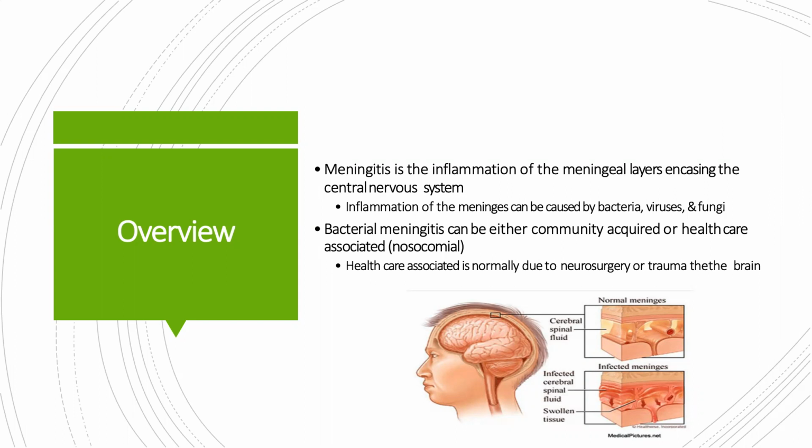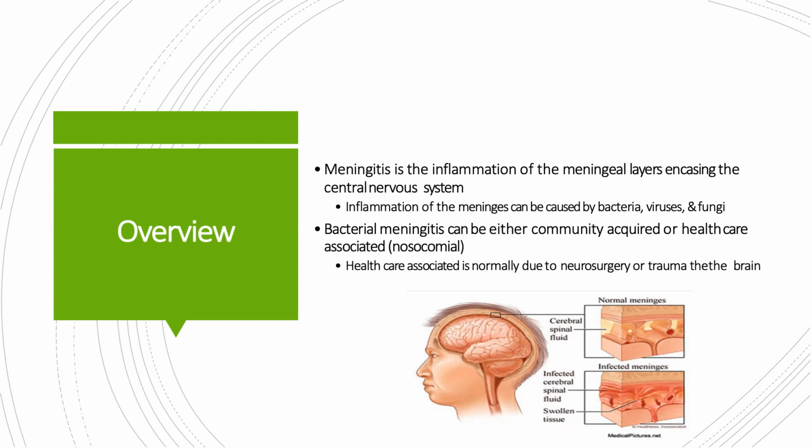So bacterial meningitis can be either community acquired or healthcare acquired or healthcare associated, so nosocomial. So with community acquired, we know that the organisms that cause meningitis include, and we'll talk about this more, strep pneumo, H influenza B, or HIB, and then we have N meningitidis.